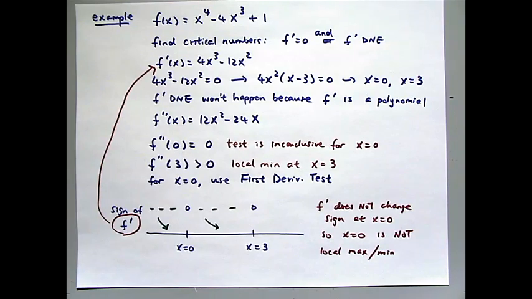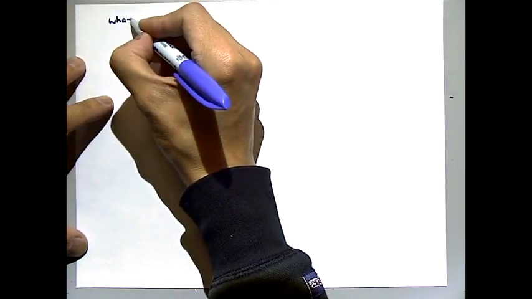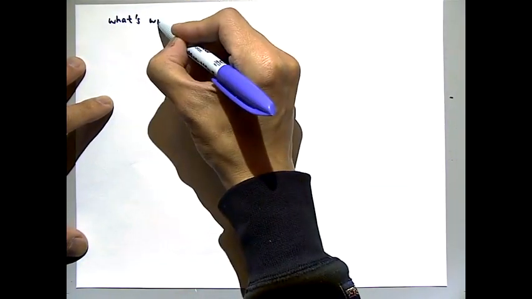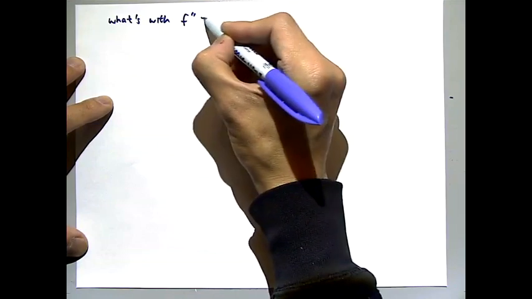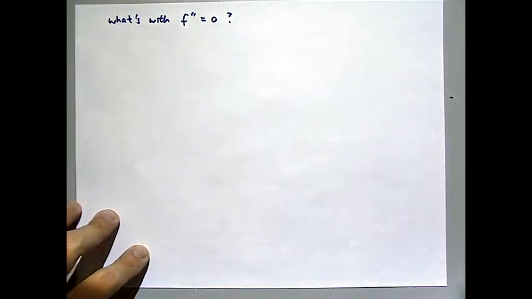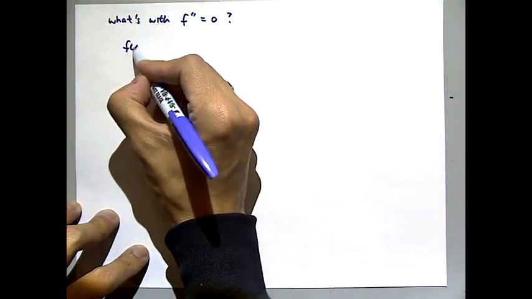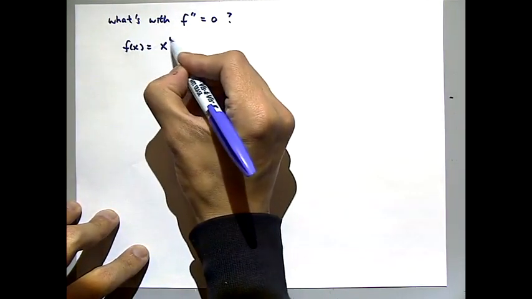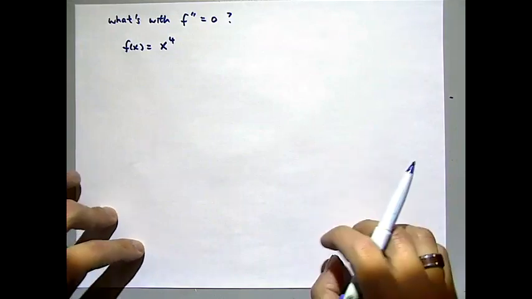Okay, let me show you again what exactly is going on with this x is equal to 0, when f double prime is 0. We're going to consider a very, very simple function: x to the 4th.